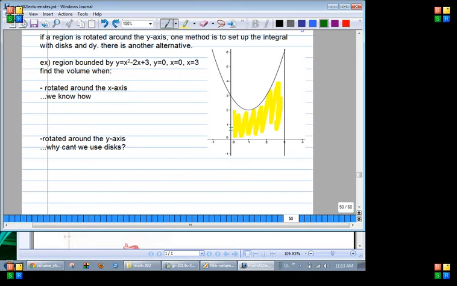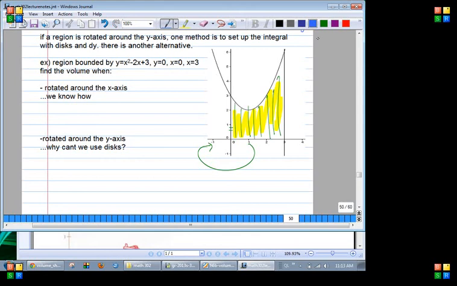But what about this new method? Can we set this up using dx? Can you take little dx slices? Well, yeah. That works out very easily. So that's no problem. But we have to recognize that we're revolving this around the y-axis.